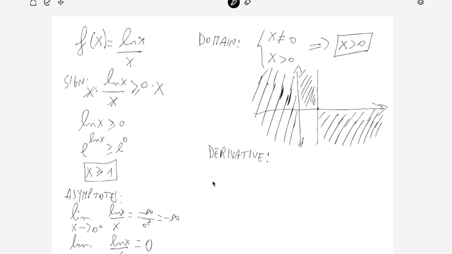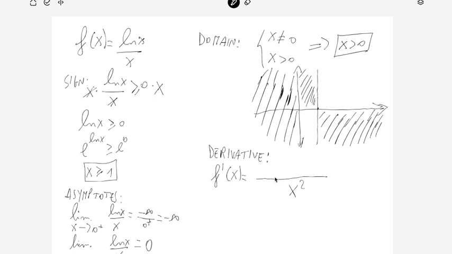Okay, so the derivative of this function. It is easy because it is just a ratio, so we put the denominator squared here.